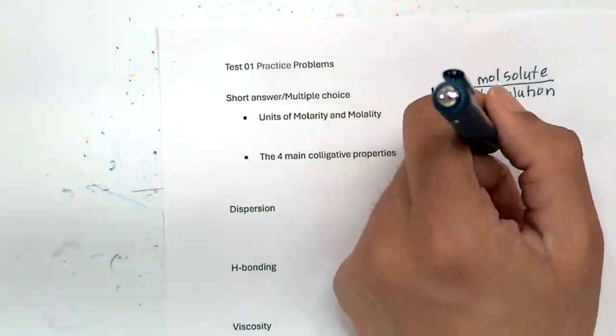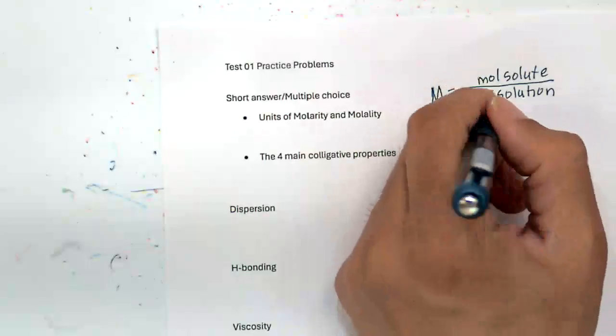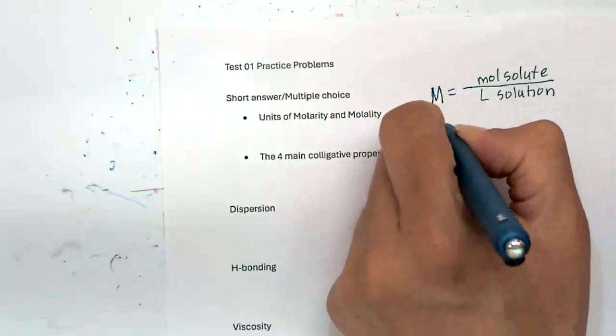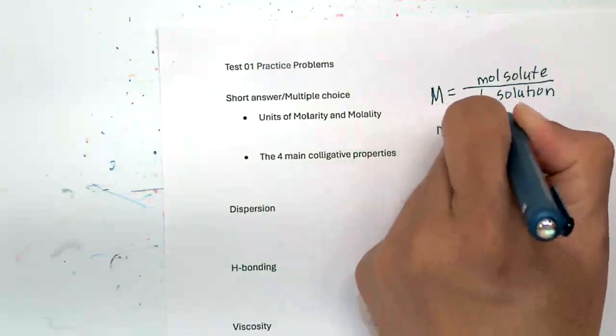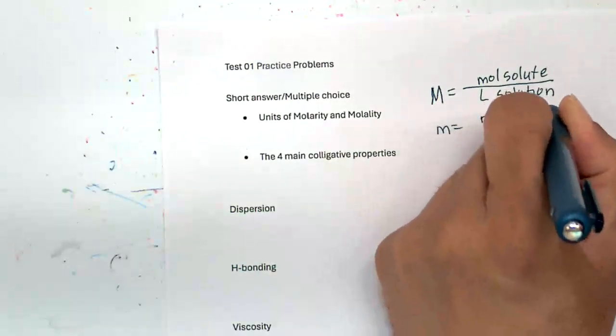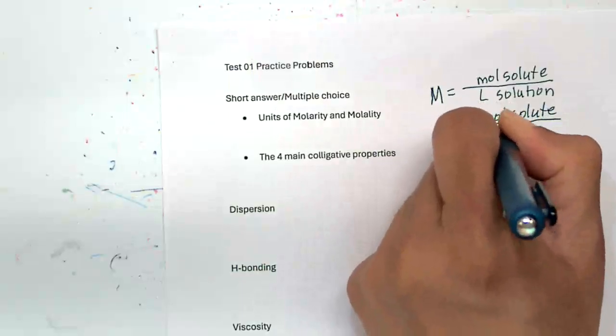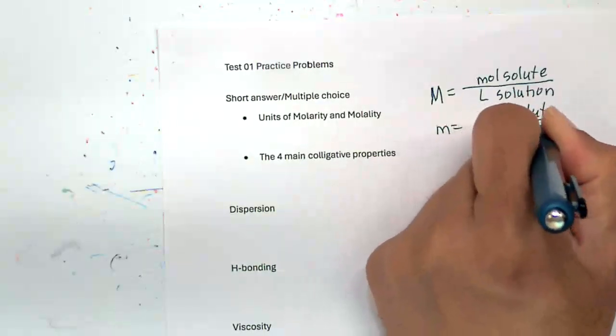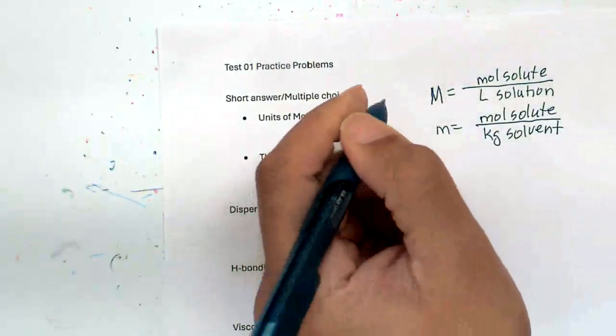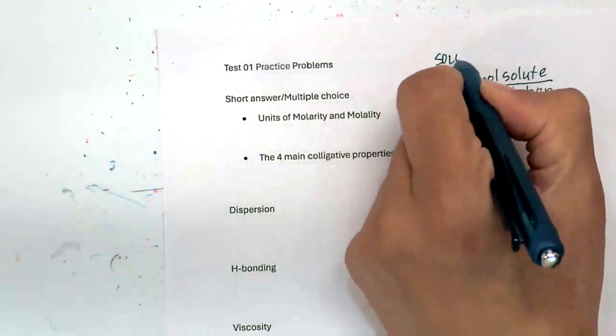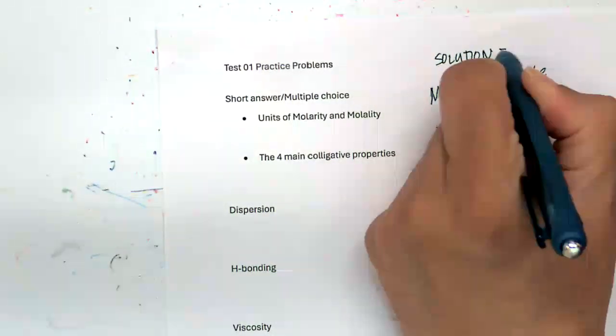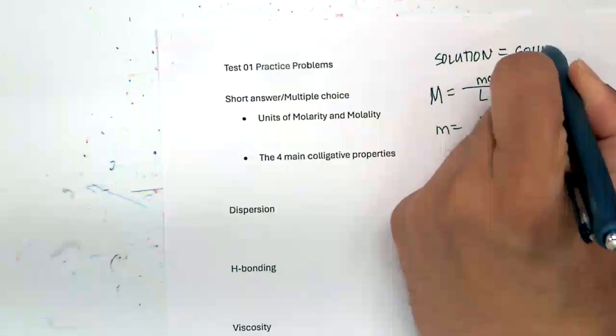It's a type of concentration. What about molal? Excellent. Moles of solute over kilograms of solvent. So we know that a solution is two parts. As long as it dissolves, it's the solute plus solvent.